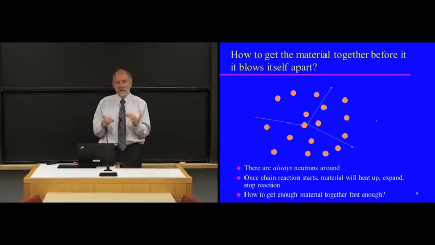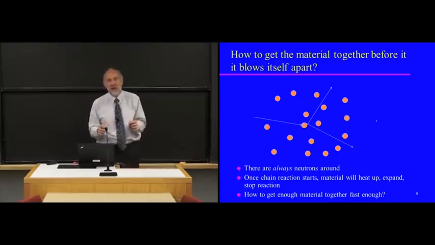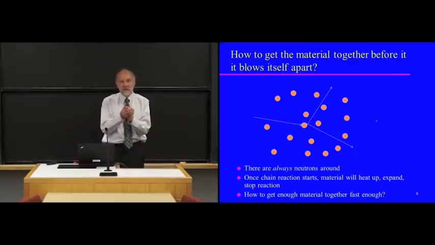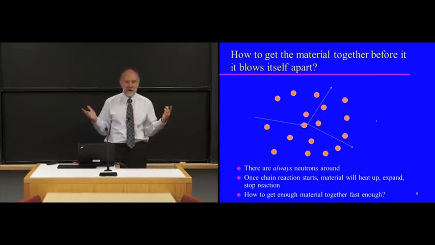So the key difficult part of making a nuclear bomb is figuring out, how do I get my material together into the shape that I want it to be in to get a good explosive yield out of it before it starts blowing itself apart.